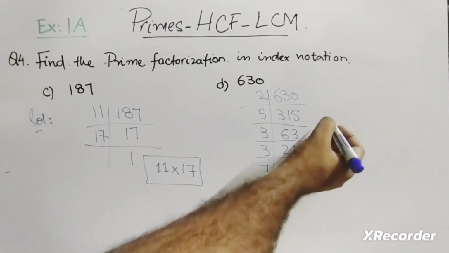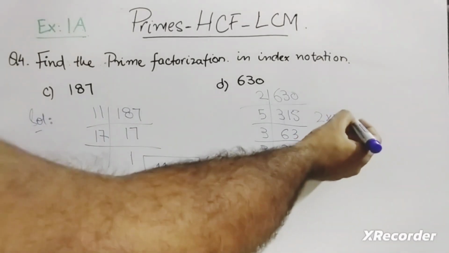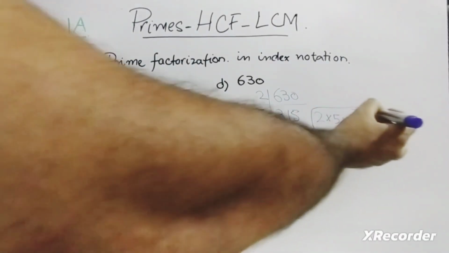So our answer will be 2 multiplied with 5 multiplied with 3 square multiplied with 7 in index notation.